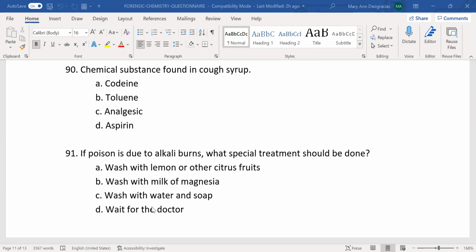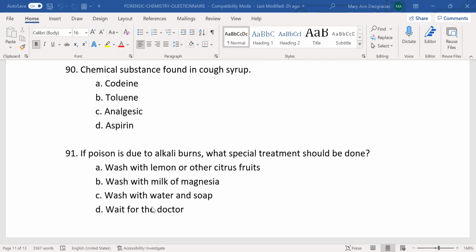Letter B, wash with milk of magnesia? Ang milk of magnesia is an alkali solution. Lalo lang lalala kasi that's alkali. Wash with water and soap, lalong lalala yan, puputok yan.